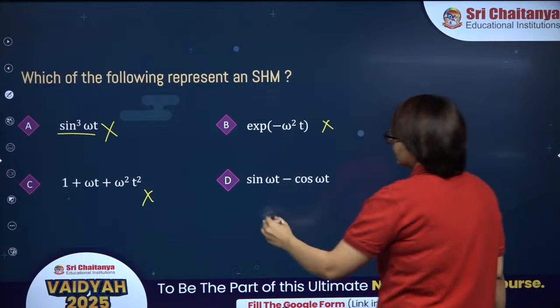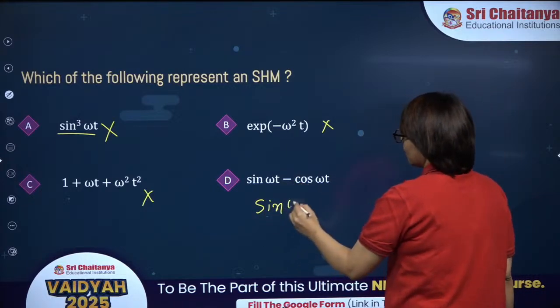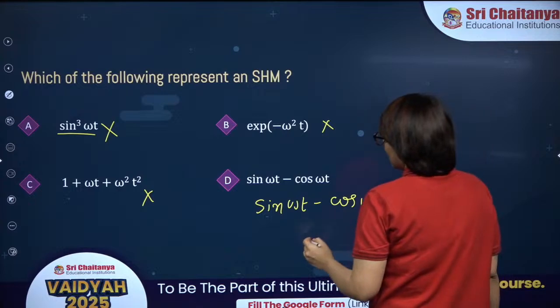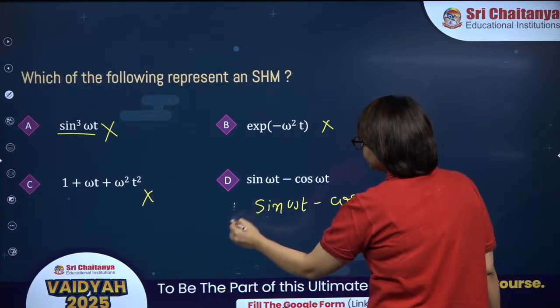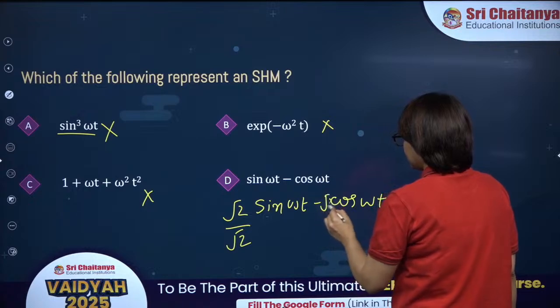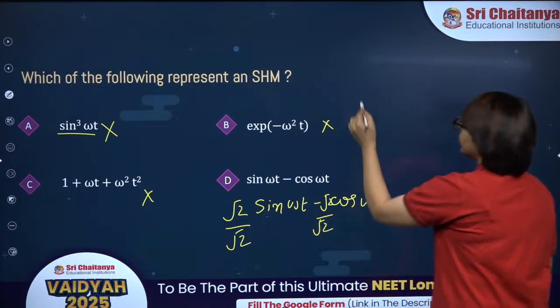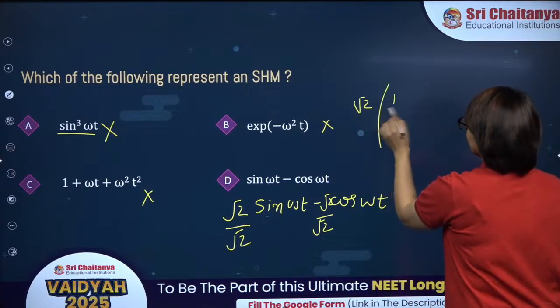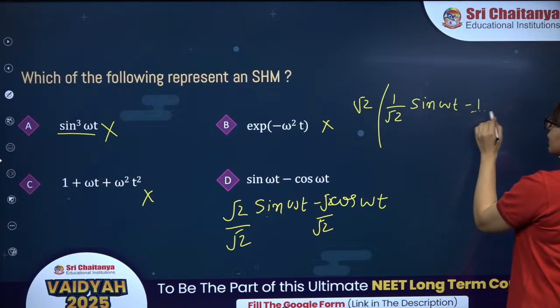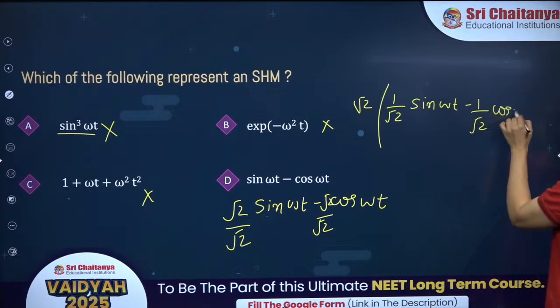But if you look at this one, sin omega t minus cos omega t, you just have to multiply and divide by root 2. Now you can take root 2 common. So it is 1 by root 2 sin omega t minus 1 by root 2 cos omega t.